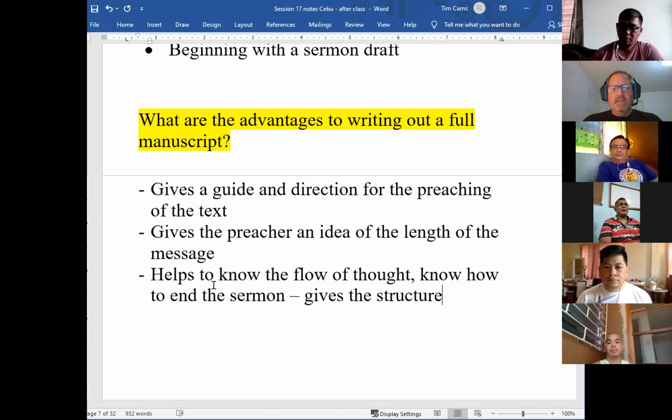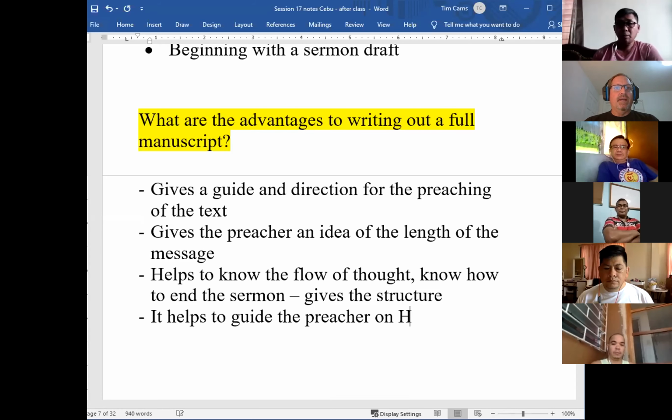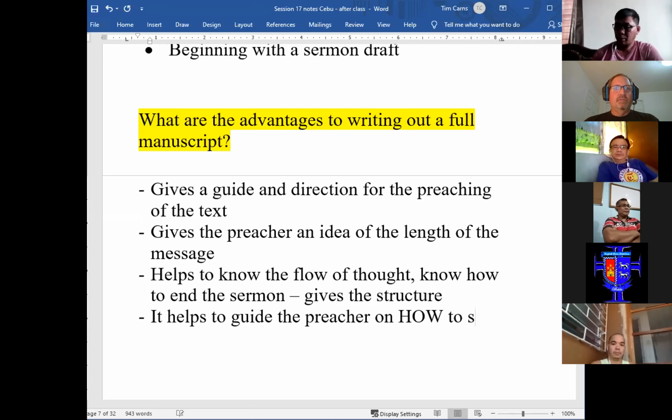So it allows you to really think carefully about the things that you want to say and even how you want to say them. That might be another suggestion. It helps to guide the preacher on how to say a certain point.